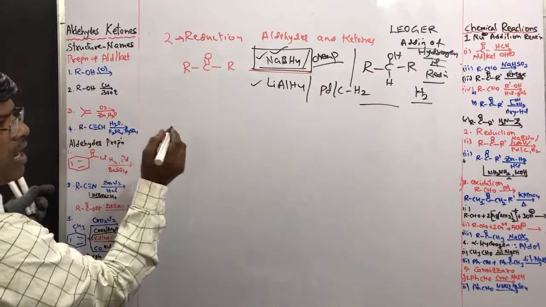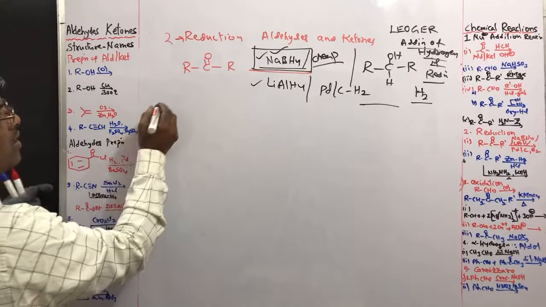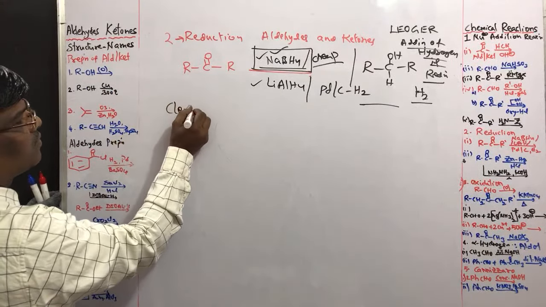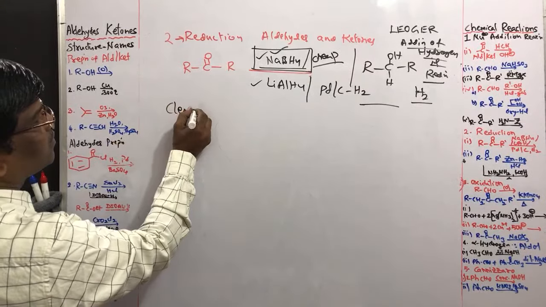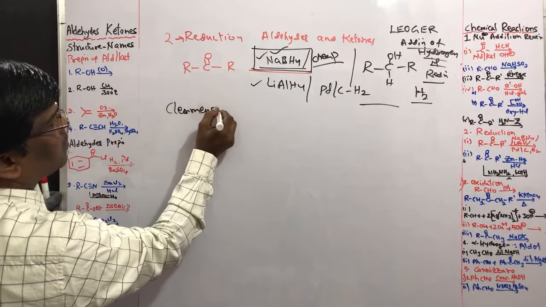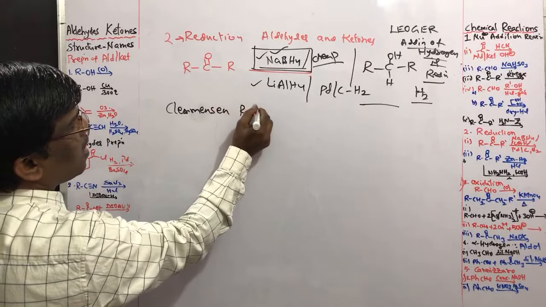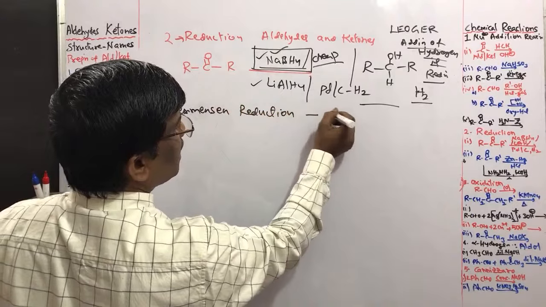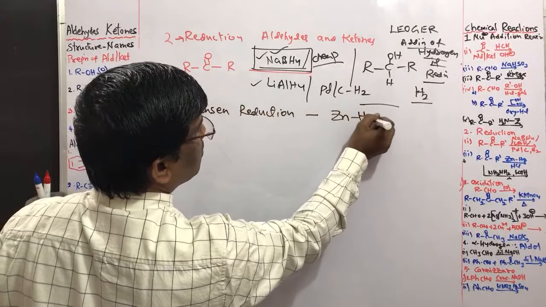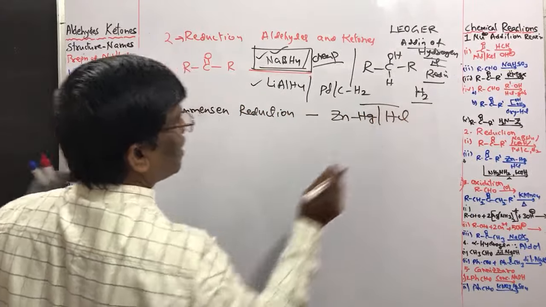There are two name reactions given to you, the first being the Clemmensen reduction, where you use an acid catalyst, that is, acidic medium, with zinc amalgam in the presence of HCl.